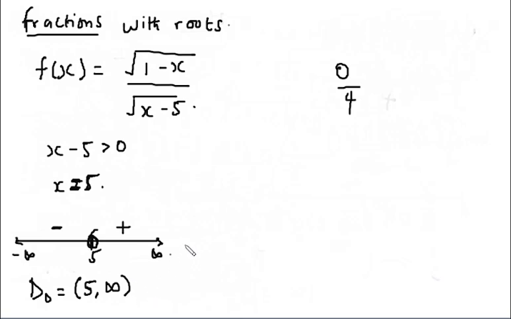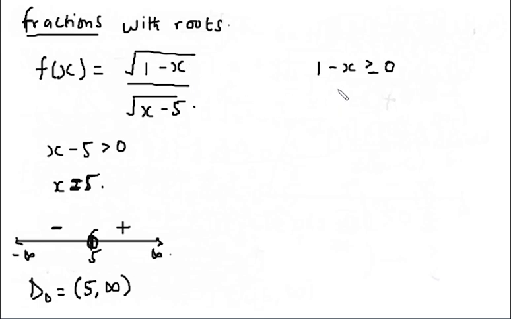So next up, we need to solve for the domain of our numerator. For the domain of our numerator, we know that 1 minus x has to be greater than or equal to 0, because it is permitted for our numerator to be 0, but we cannot have a negative number for the numerator.